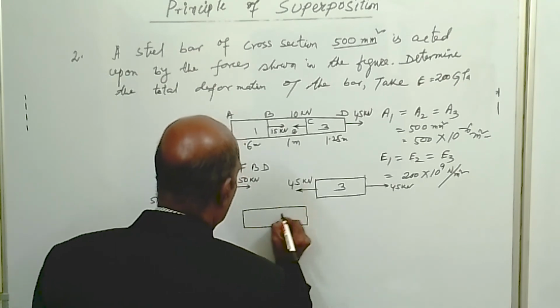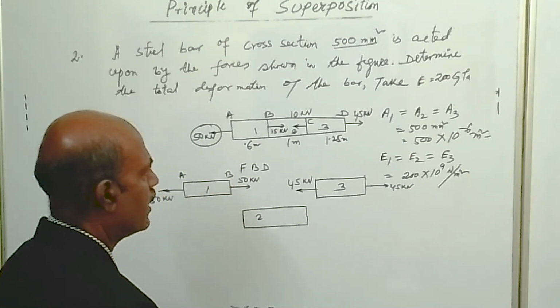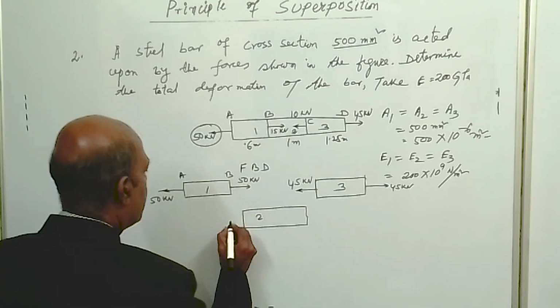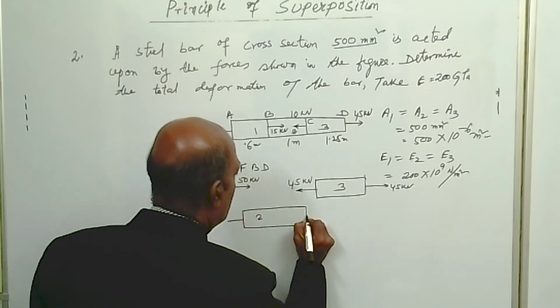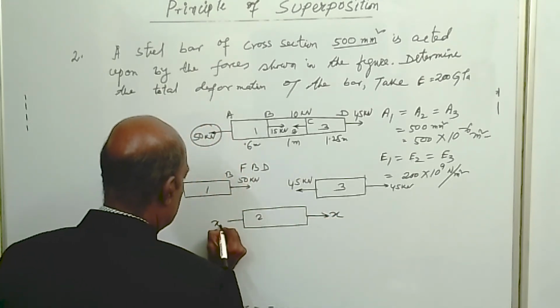Now draw segment 2. For segment 2, we don't know what the force acting here is. Let a tensile load be acting whose magnitude is x.